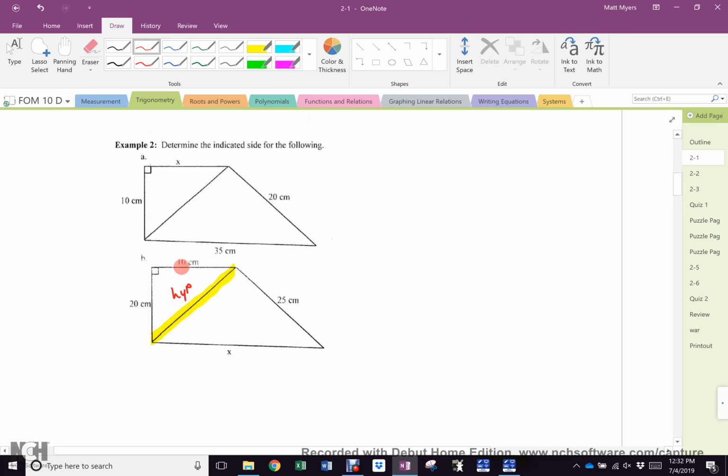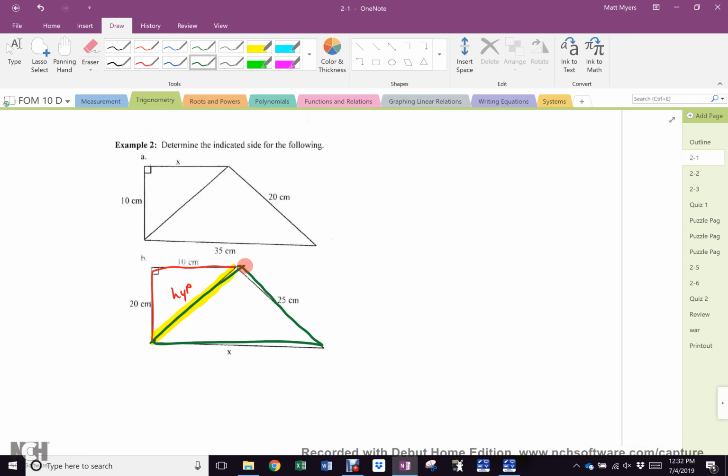Now, it's a hypotenuse of the red triangle, yes? Is it a hypotenuse of this green triangle? No. It isn't. On the green triangle, it would be a leg. But can I do Pythagoras on that green triangle right now?